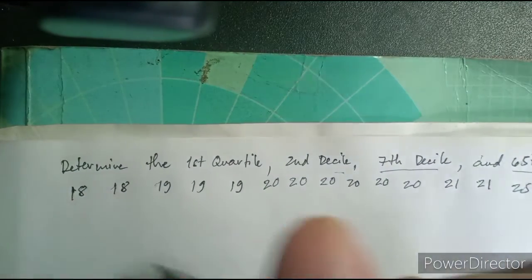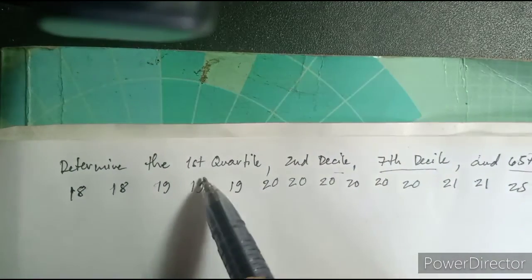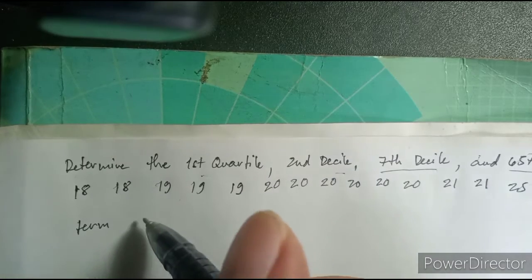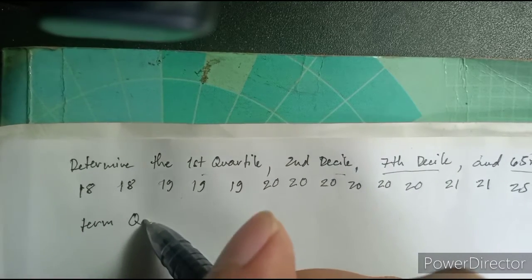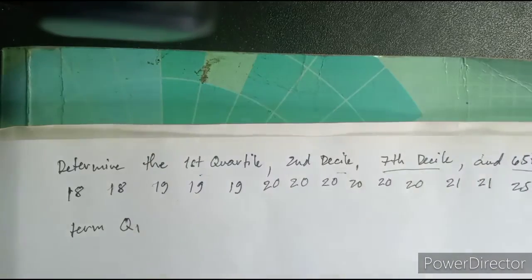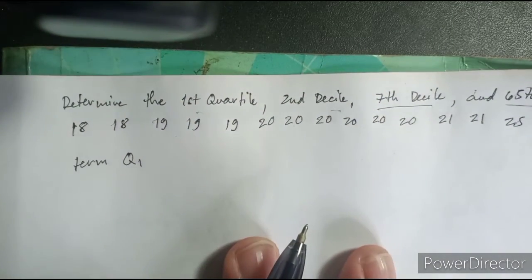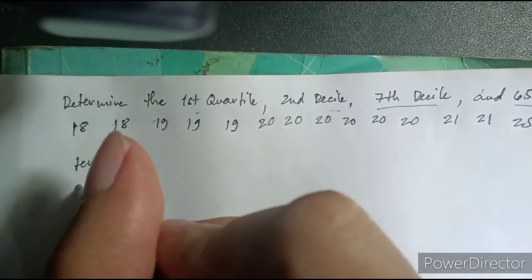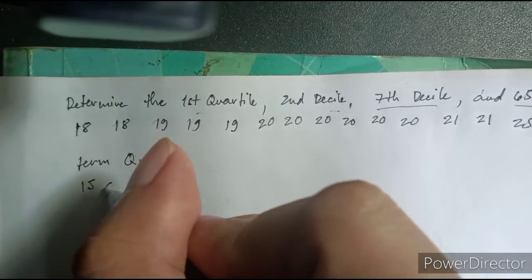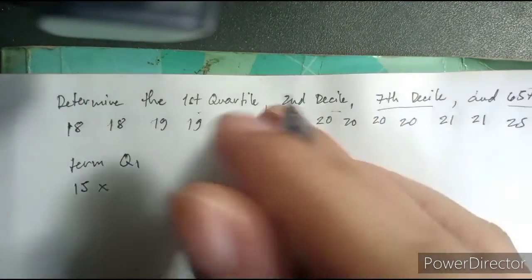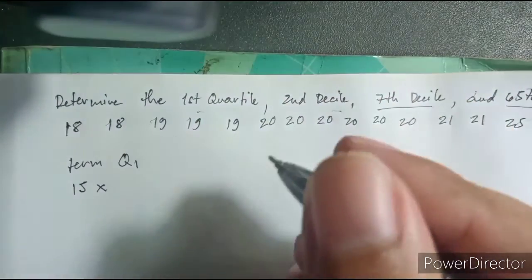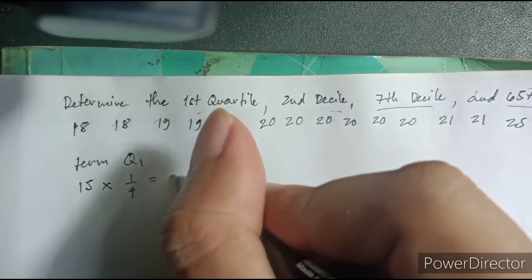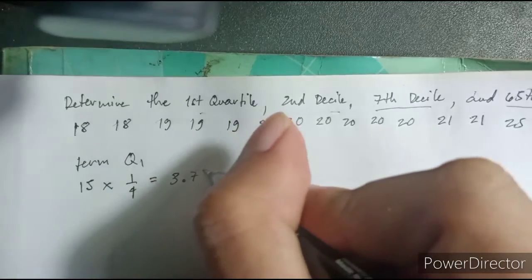Now we can get the first quartile. To get the first quartile, we first determine the term for the first quartile. We have a total of 15 observations times the first quartile, which is one fourth, so that would be 1/4 times 15, which is equal to 3.75.